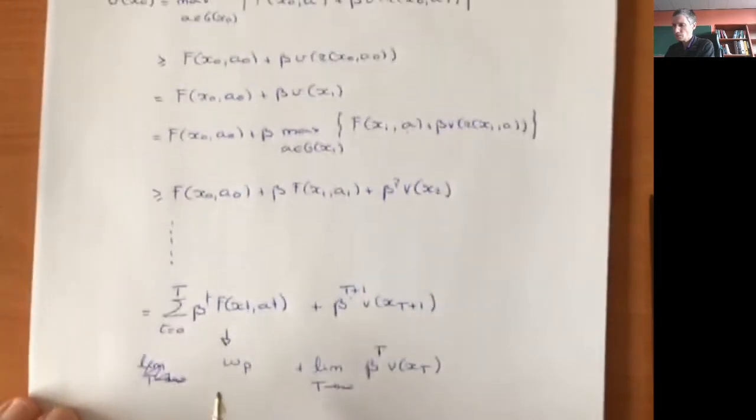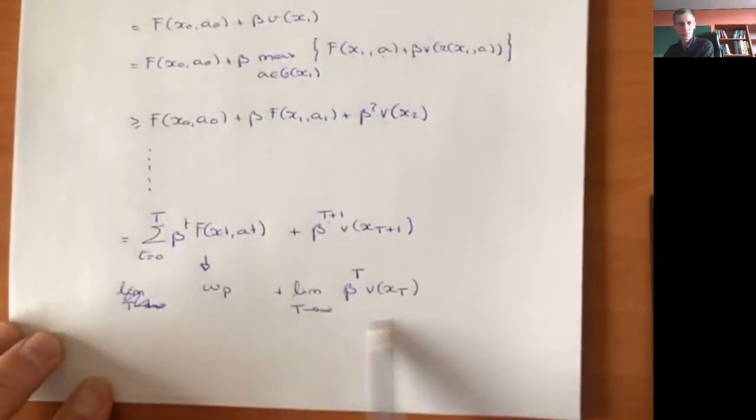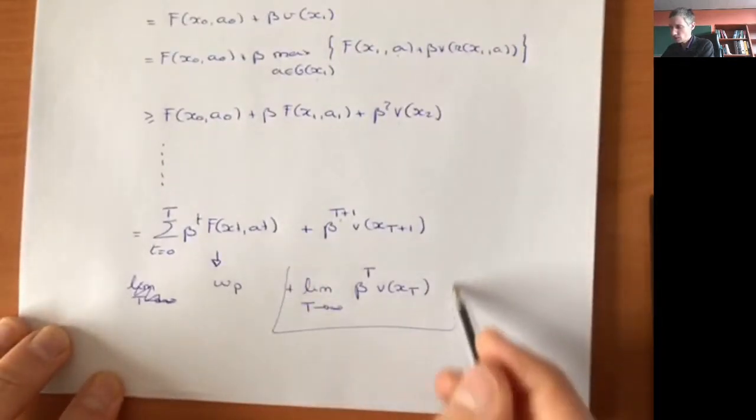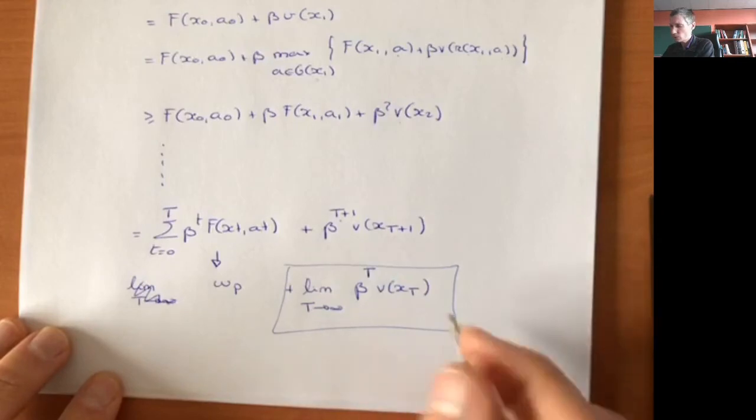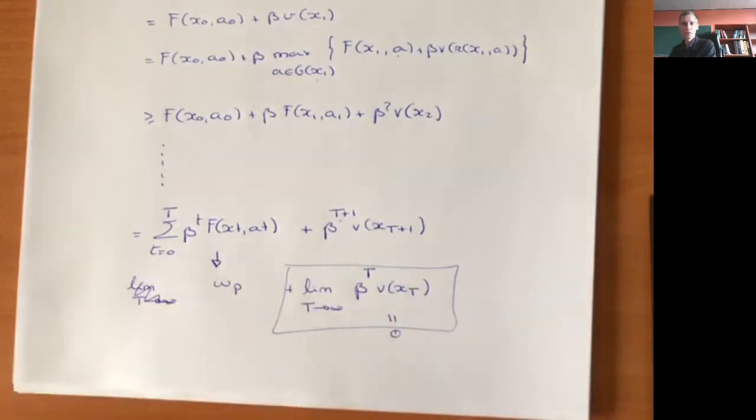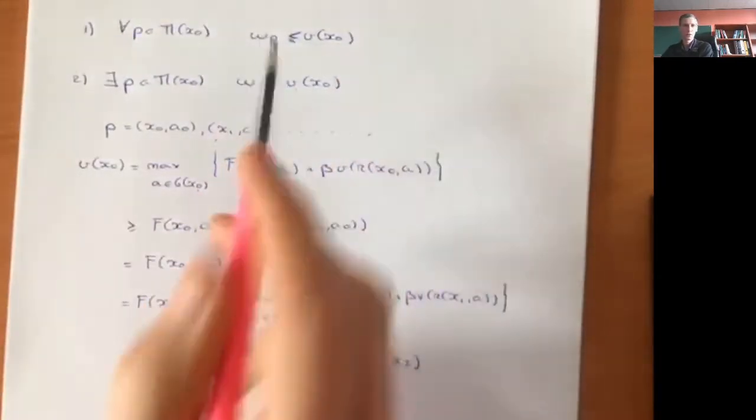So now I have shown that v of x0 is greater or equal to w of p, what I wanted to show, plus some remaining term. So I would like this to be equal to 0. If this is equal to 0, then I'm done because I have shown this inequality. So let me show indeed that this term goes to 0.